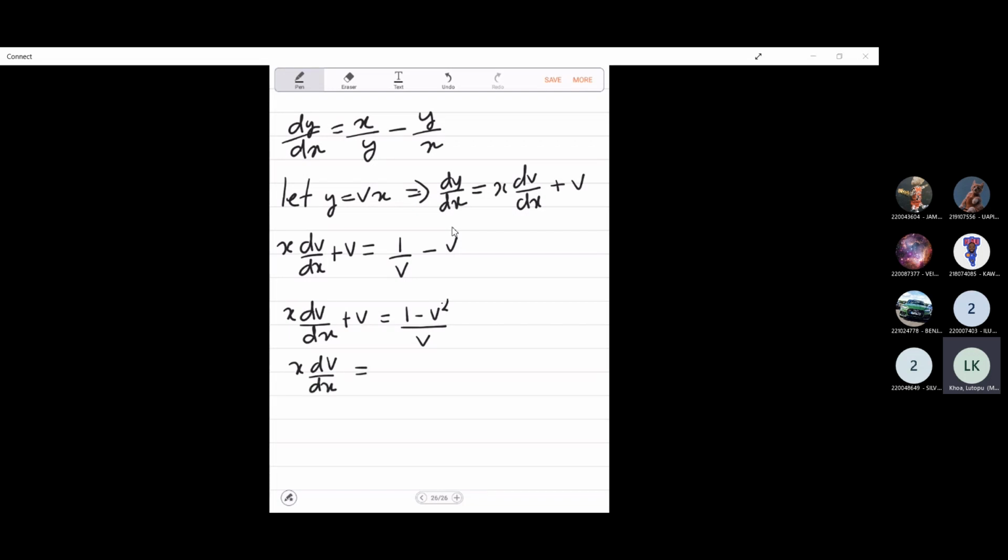This is 1 minus 2v squared over v. And then all the terms with x on one side with the dx, and v and dv on the other side. So we have v over 1 minus 2v squared dv. This is 1 over x dx.